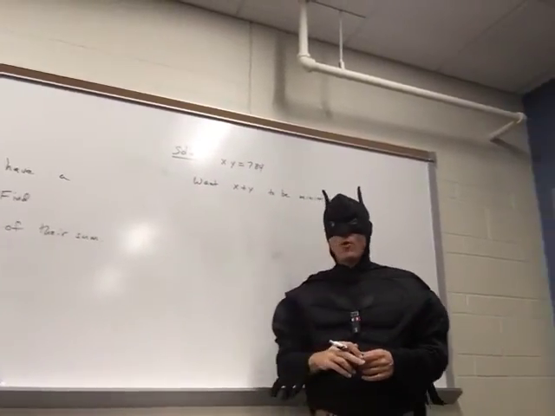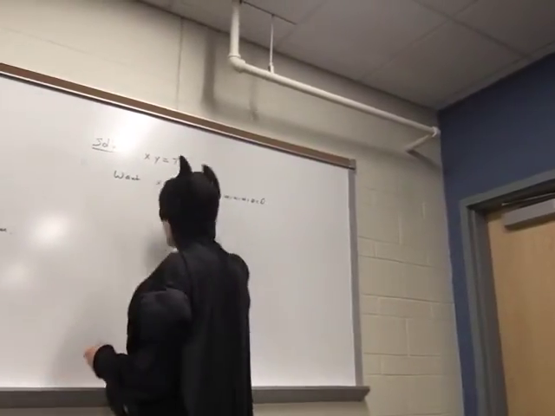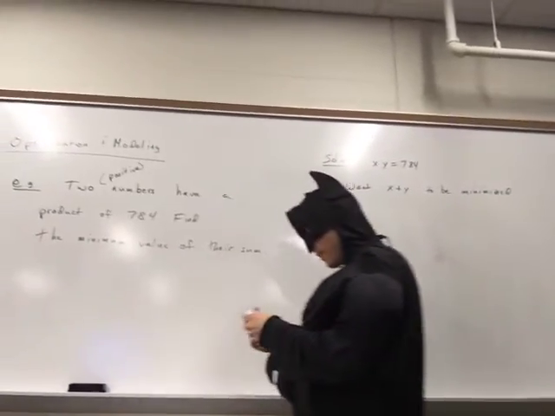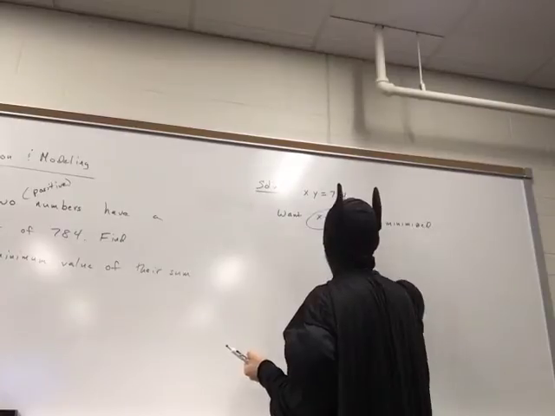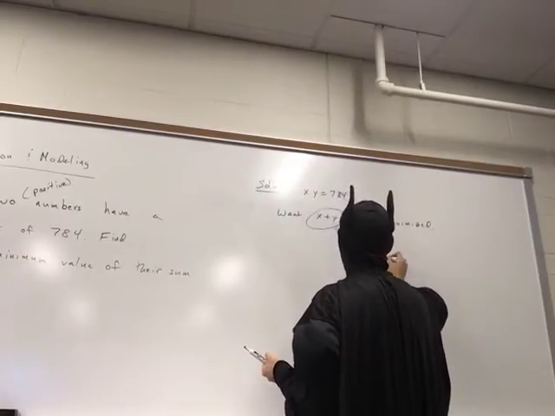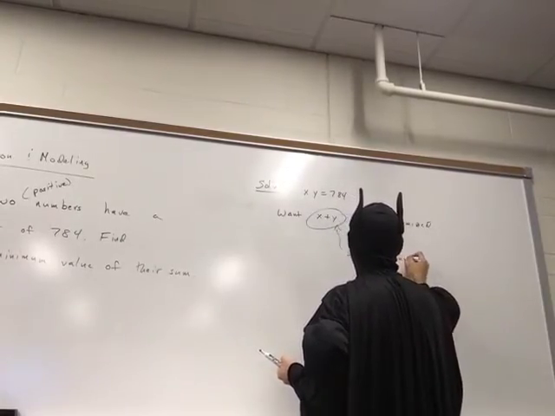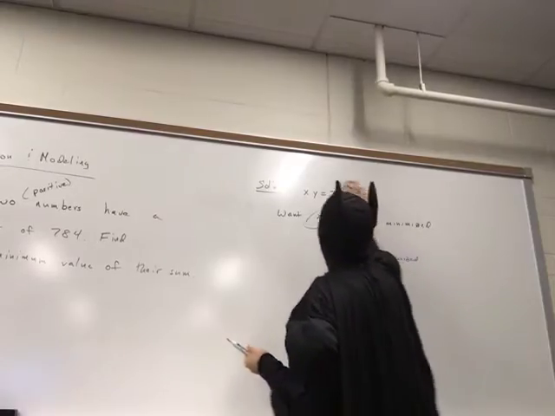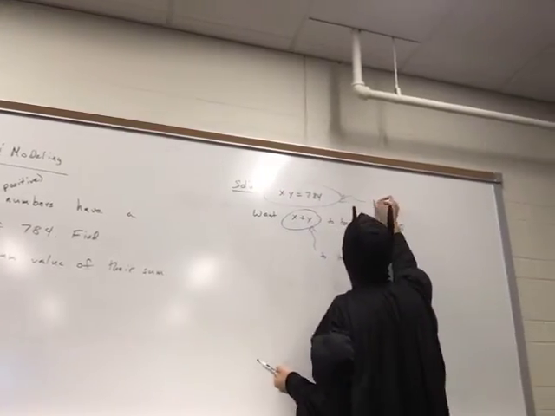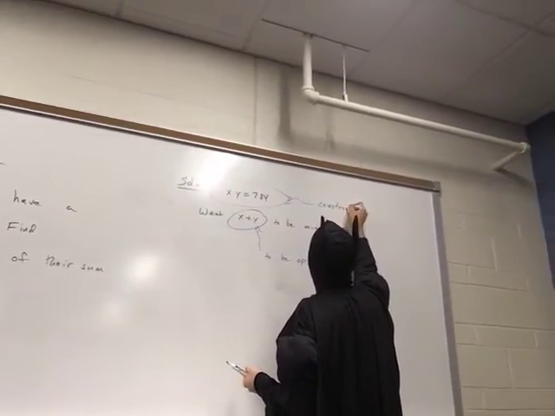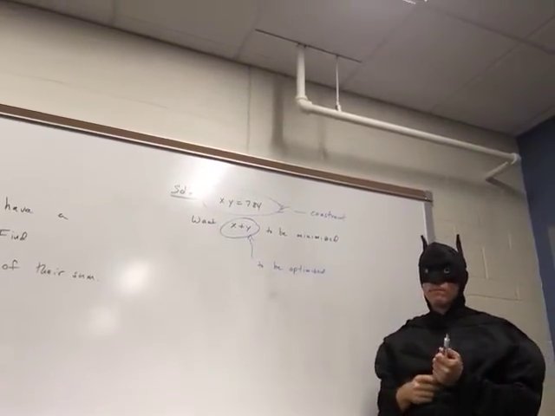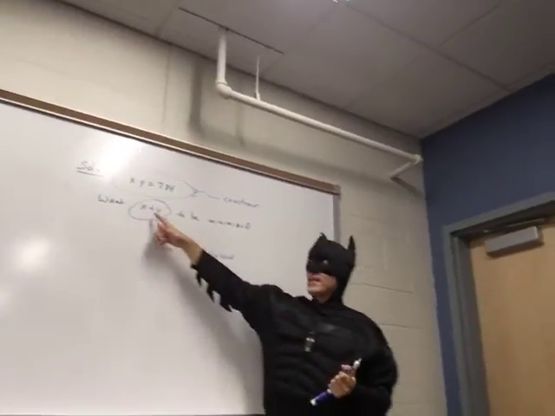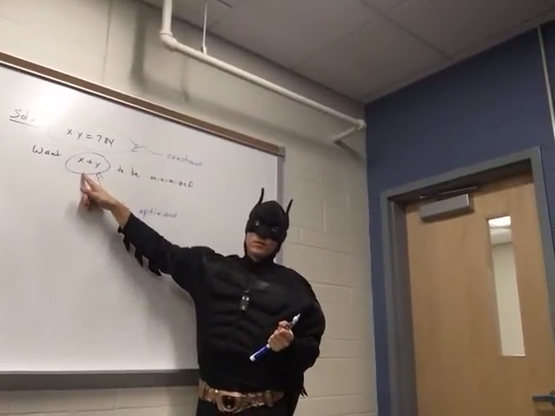What you're going to see in questions like this very often are two different things popping up. This is to be optimized, and this is your constraint. So this is the thing we're going to try to turn into a function.